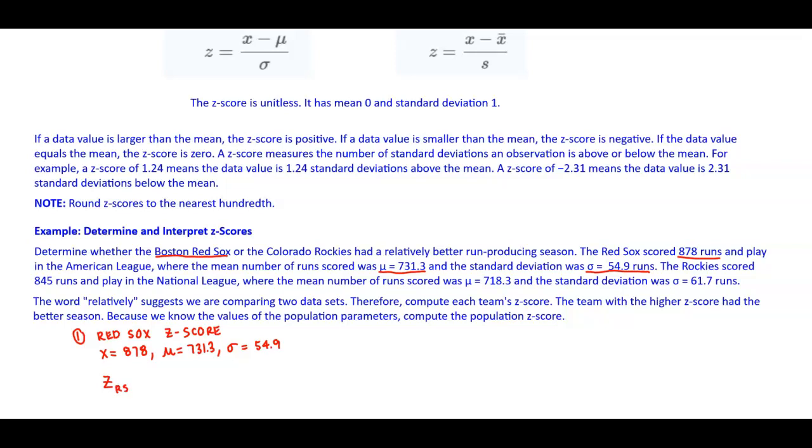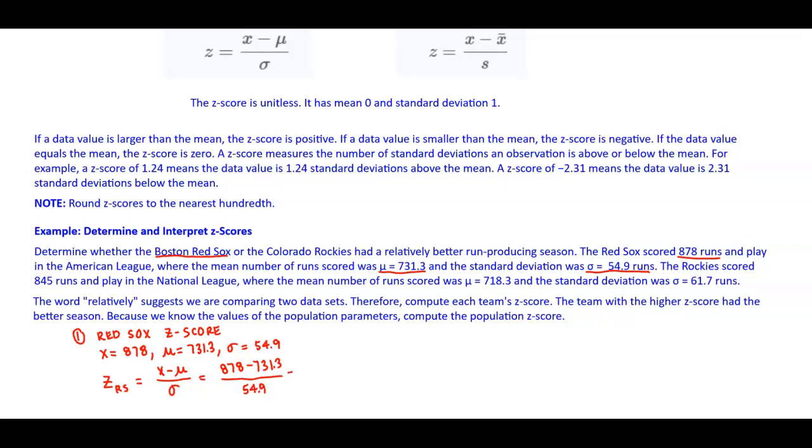Recall that the formula is the data value x minus the population mean divided by the population standard deviation. So we take 878 and subtract 731.3, the population mean, and then divide by the population standard deviation.